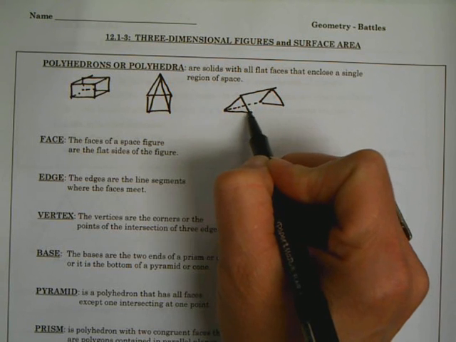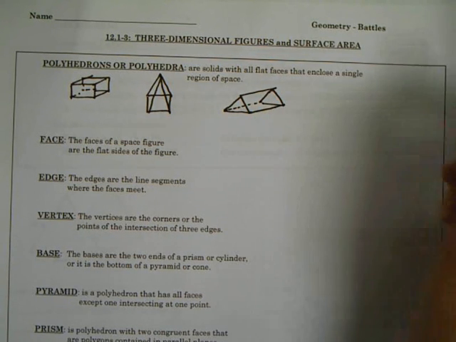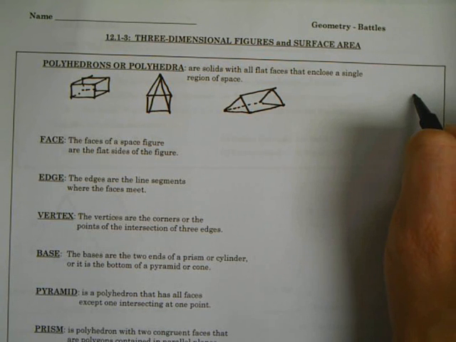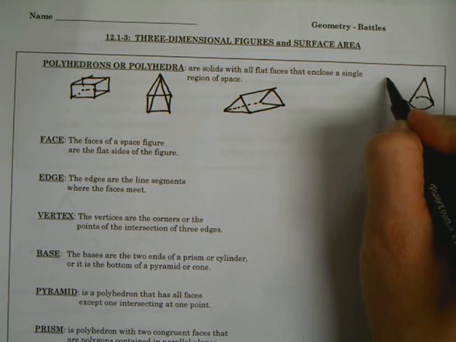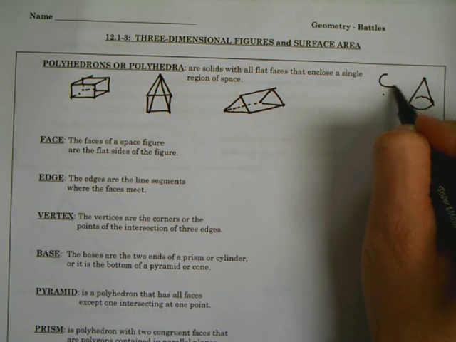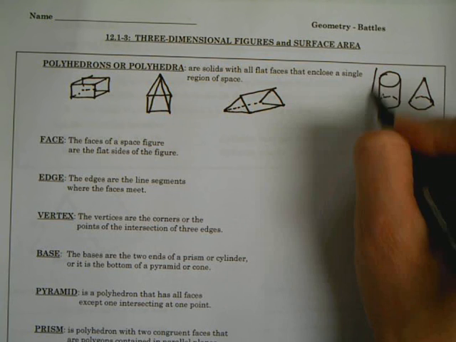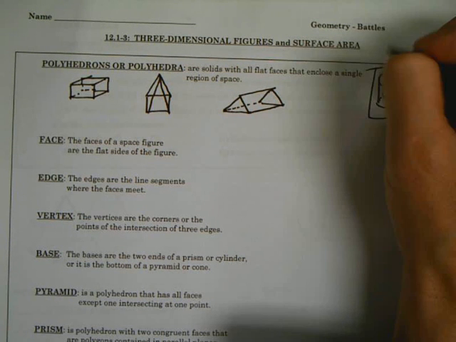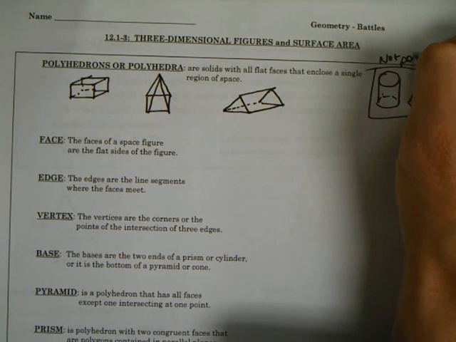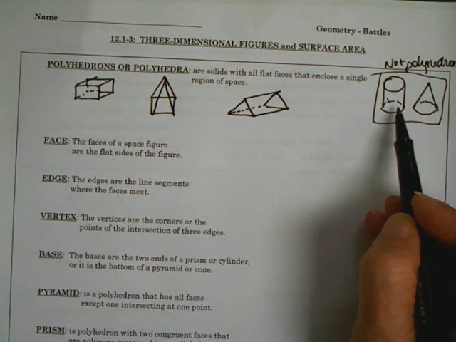What you don't see are cones or cylinders. These are not polyhedrons, or spheres either. And the reason why is because they are rounded.